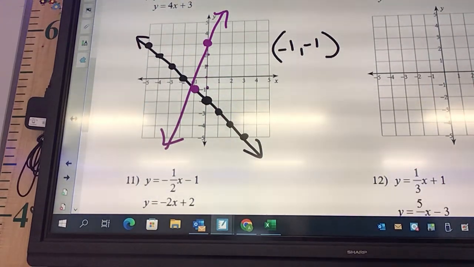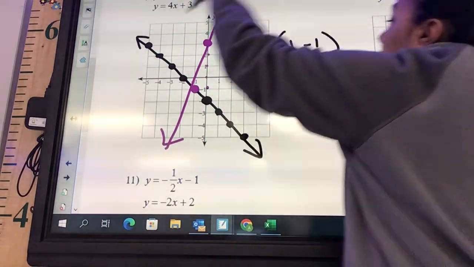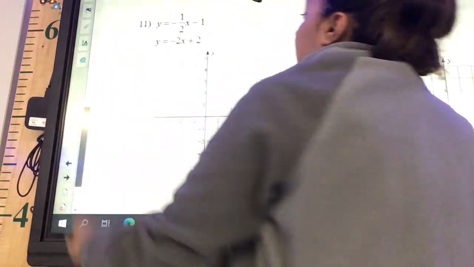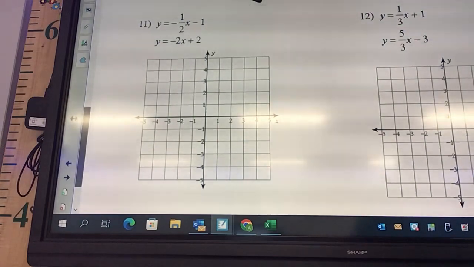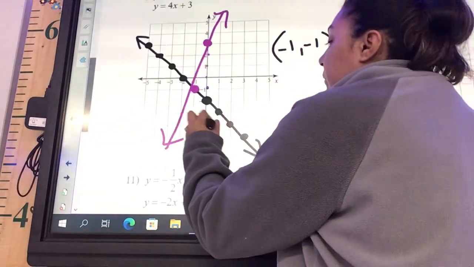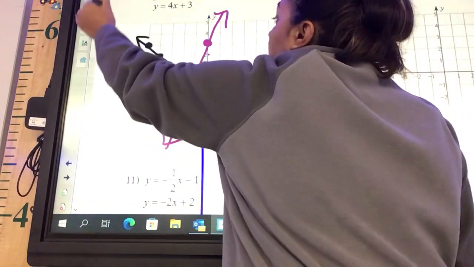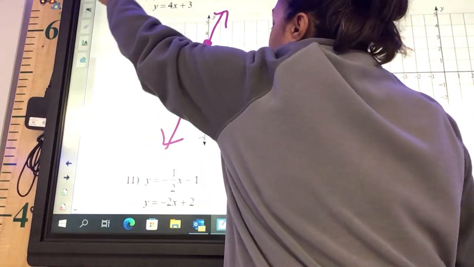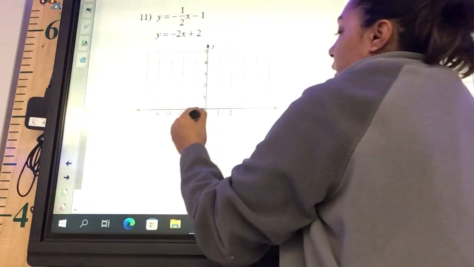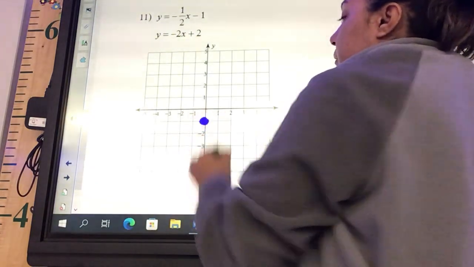No, it's not. Line 1, where does it start? -1. Starts at -1. What is our slope?